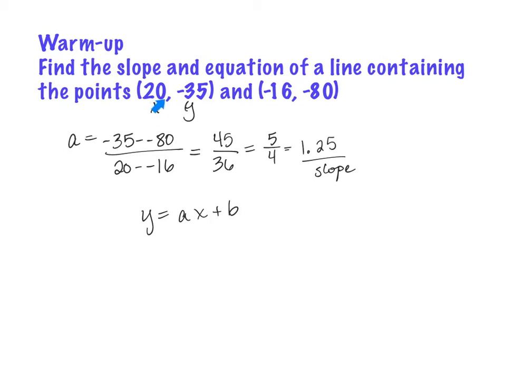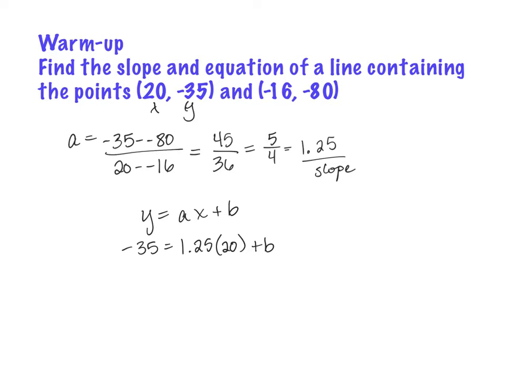I can use either this set of points or this set of points. So I'm going to choose the 20, negative 35. So I'm going to put negative 35 in for y. I'm not going to put a because I know the slope is 1.25. I know my x is 20, and then I don't know the y-intercept.